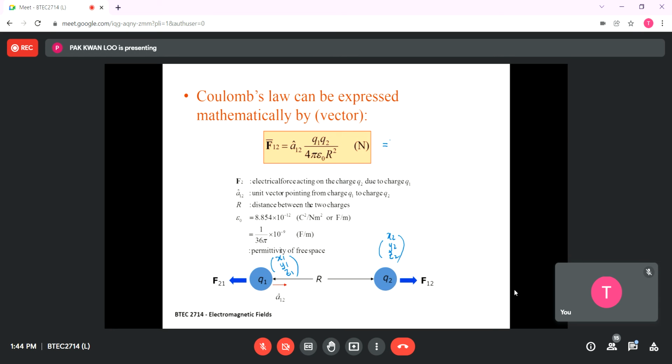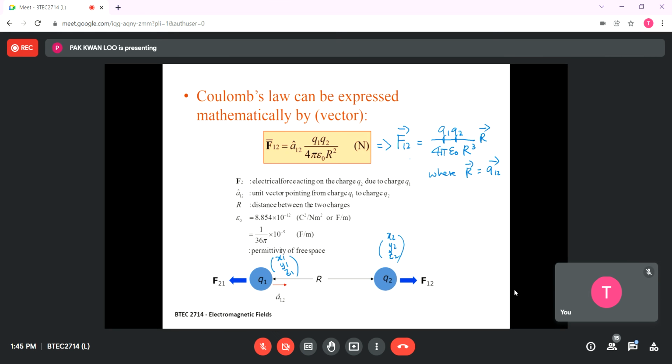In general, this can be rewritten as Q1 Q2 over 4 pi epsilon naught r cubed times the vector r, where r is A12, the position vector that we refer to in this diagram, connecting from Q1 to Q2.